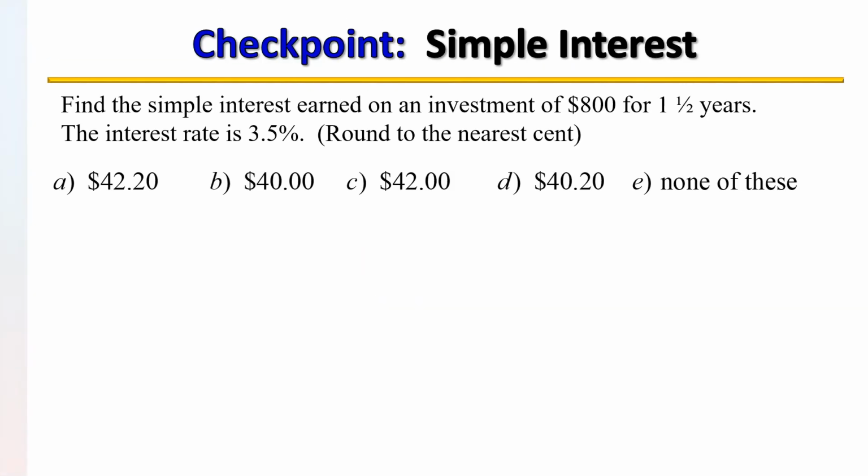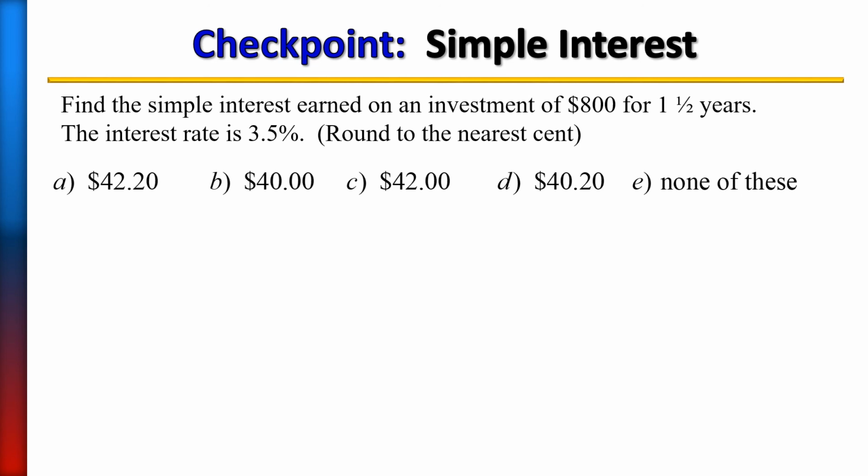Okay, now it's time to check your understanding of the simple interest concept. Find the simple interest earned on an investment of $800 for 1.5 years. The interest rate is 3.5%, round to the nearest cent. If you like, you can pause the video, get your calculator out, and compute the simple interest.